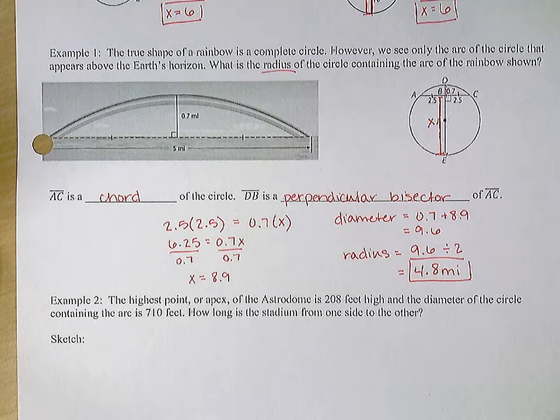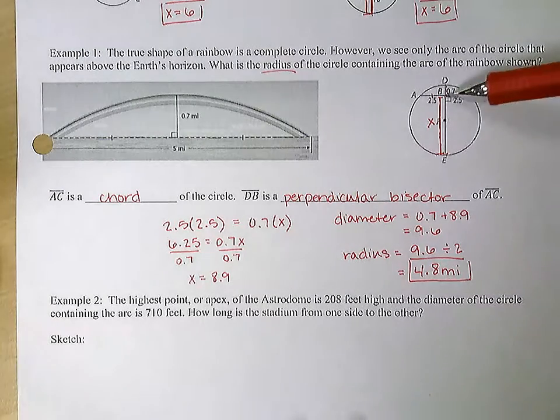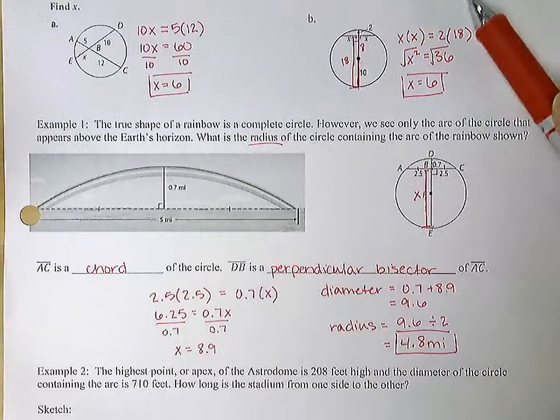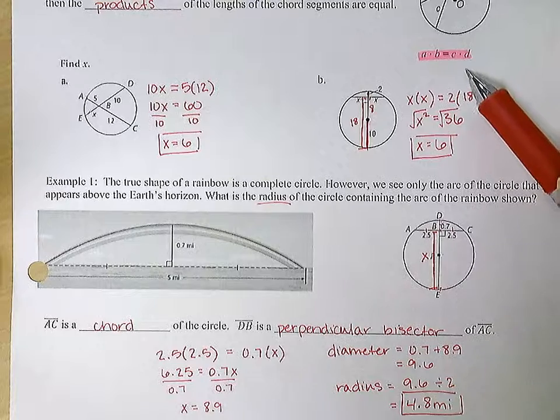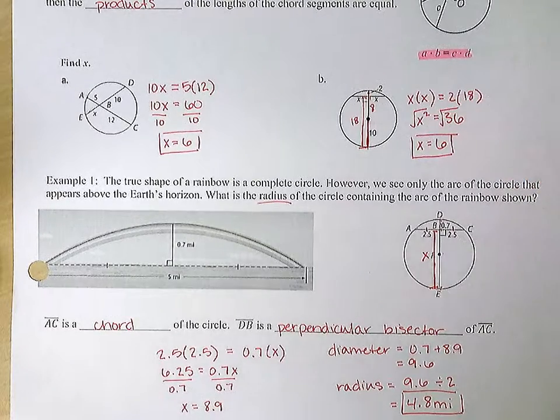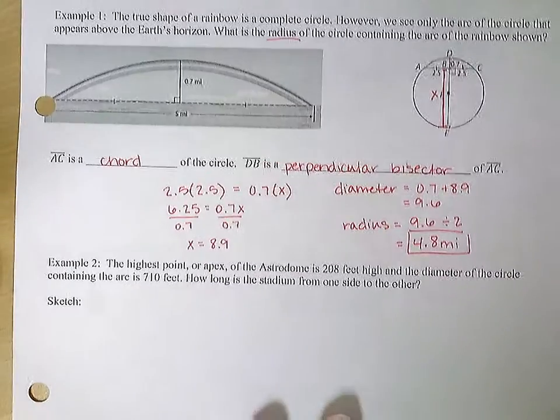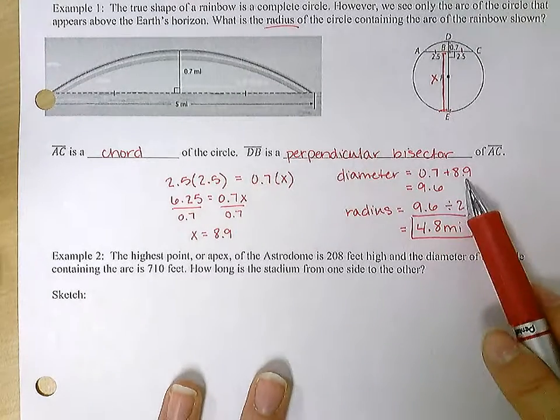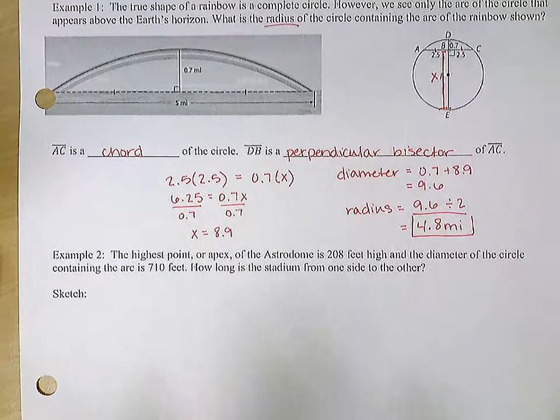So again, first thing I did was just complete this circle. I found this missing piece from that diameter using the formula up here above, where I can multiply each of those pieces of those chords. Then I found the diameter by adding them together and dividing by 2 to get the radius. Okay, questions on that first example?